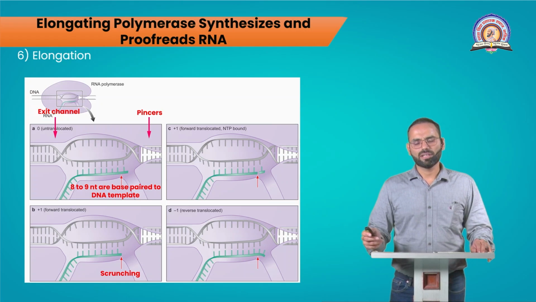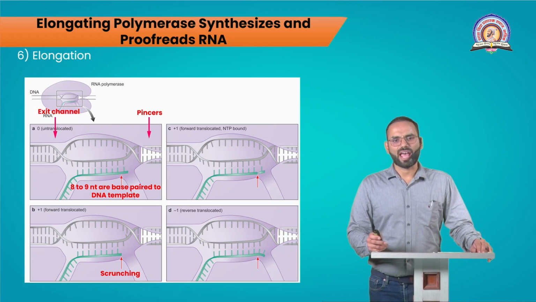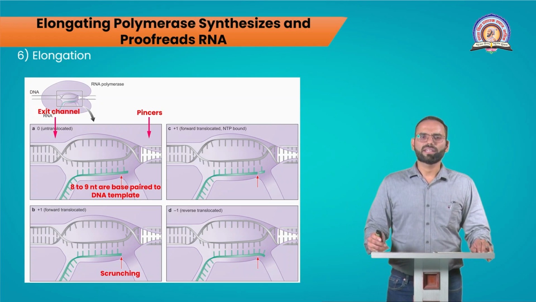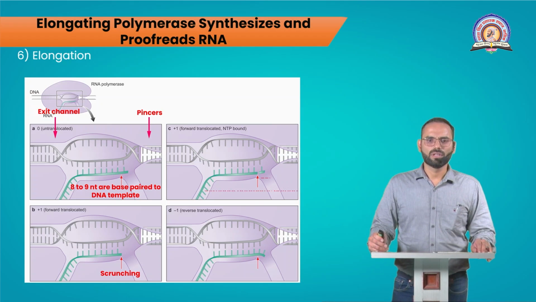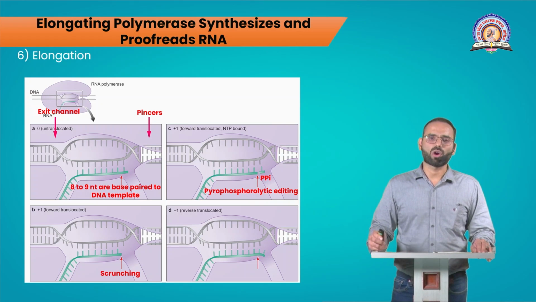As you can see here, the DNA is pulled in and the new NTPs are added. But as we have just seen in the first slide, there can be some mistakes made by RNA polymerase. So there are two proofreading mechanisms which operate in RNA polymerase when a wrong nucleotide is added.